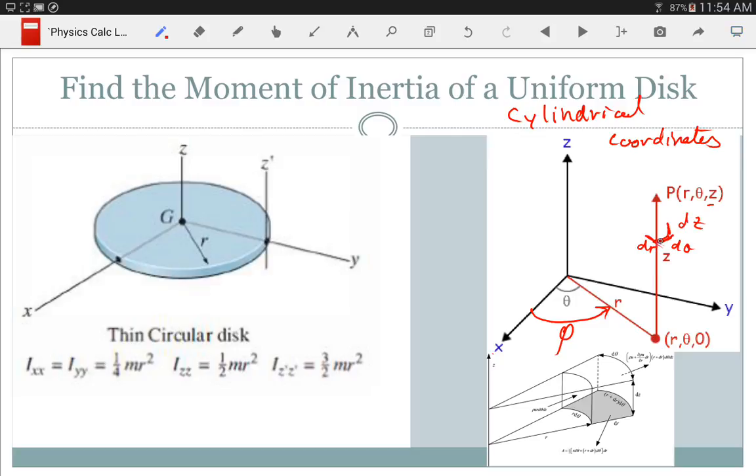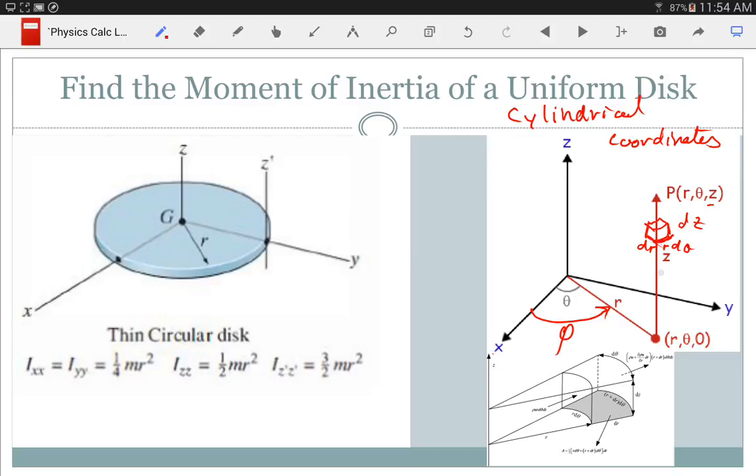Except for one thing. The length of the arc is not d theta. What's the arc length? If the arc goes through an angle of d theta, what's the arc length? It's actually r d theta. And so this side here is r d theta. So you make a cube here. Now, is this a perfect cube? No, of course not.